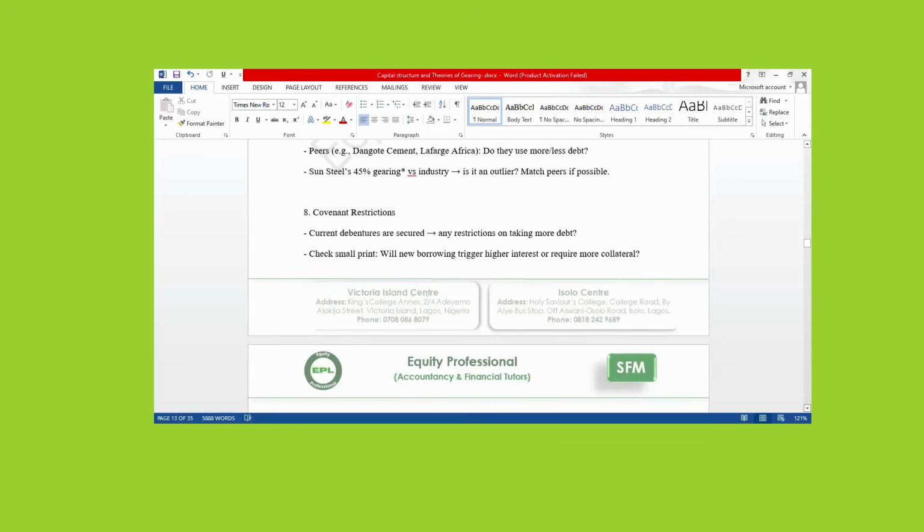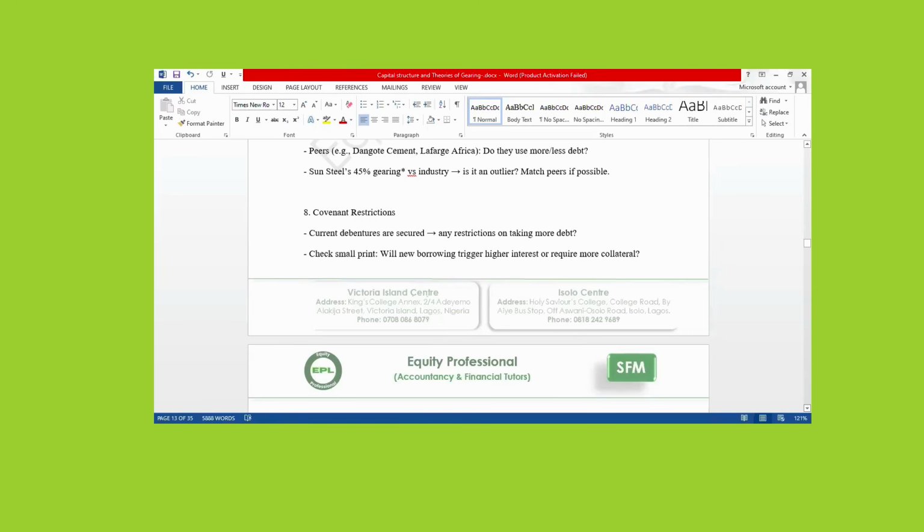We are going to review the conditions of the existing debt to check if there are any restrictions on taking more debt. Let me try to break it down. If a company borrows money, borrowing comes with conditions.